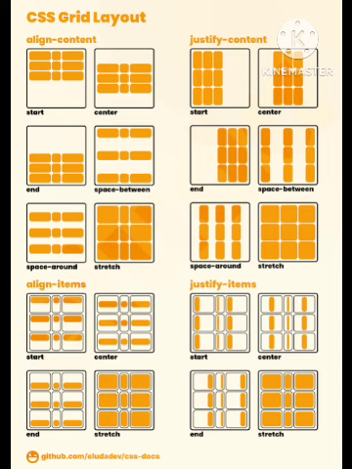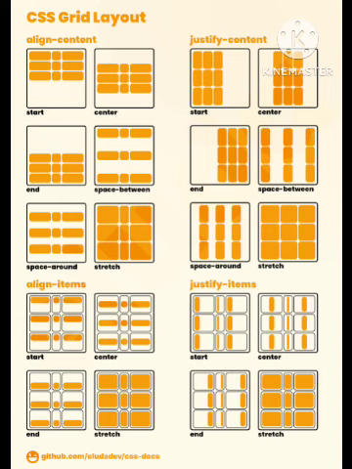The first row will be 70 pixel height, the second row 1 fraction, and the third row 60 pixel. So 1FR is going to take whatever available remaining space. In HTML I have a header, sidebar, main and footer defined within the layout; within the layout I have all these 4 divs.